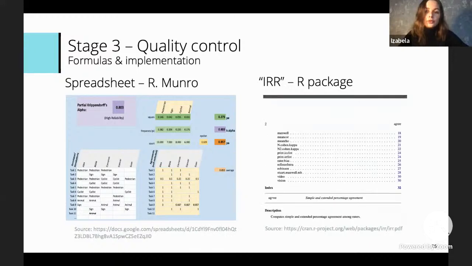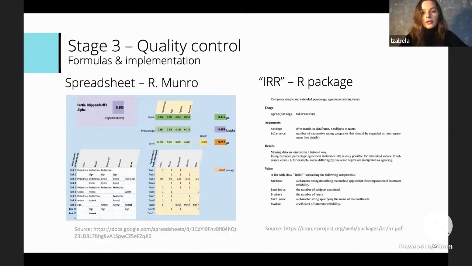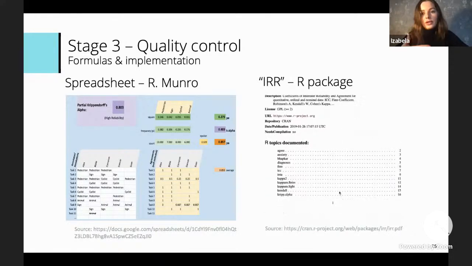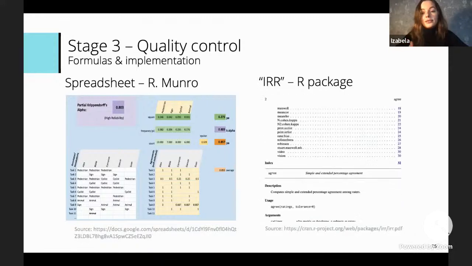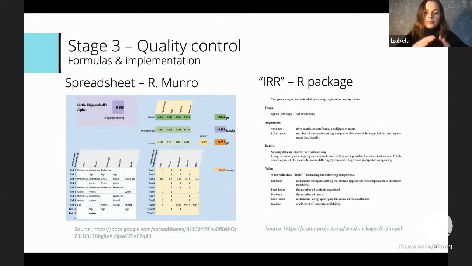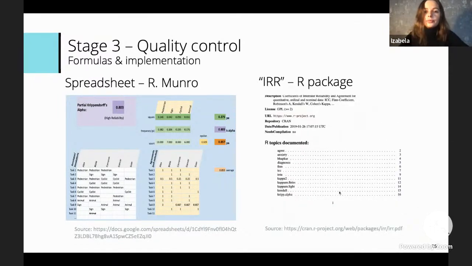But if you don't want to go much into details, you can check out the IRR package that implements various coefficients of inter-rater reliability and agreement. All you have to do is pass a matrix with annotators' answers to a function.